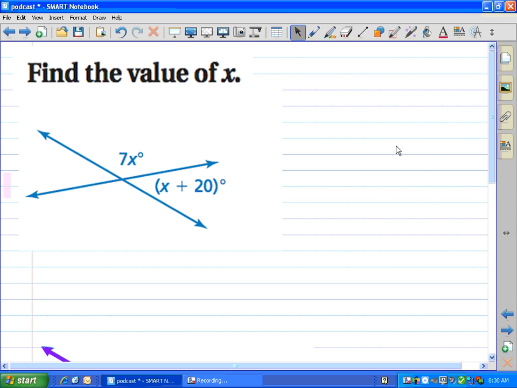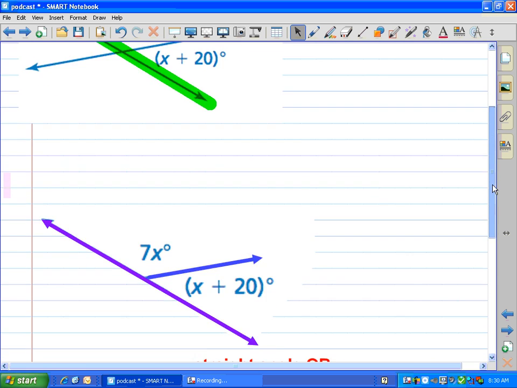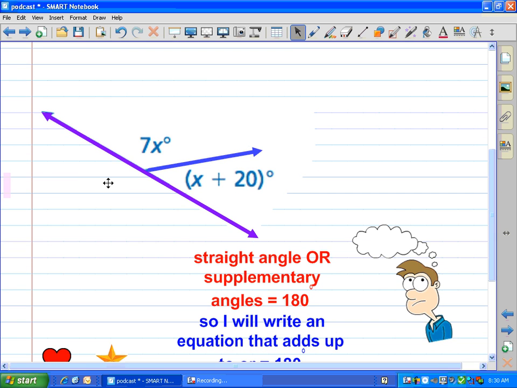Alrighty, let's work some problems. If I ask you to find the value of x, the first thing you should be able to tell me is, Mr. Phillips, this is a straight line. Mr. Phillips, I know that a straight line, straight angle, has 180 degrees. So I'm just going to ignore the part that's over here, and this is all I'm looking at.